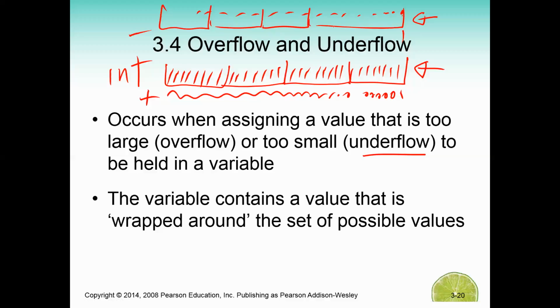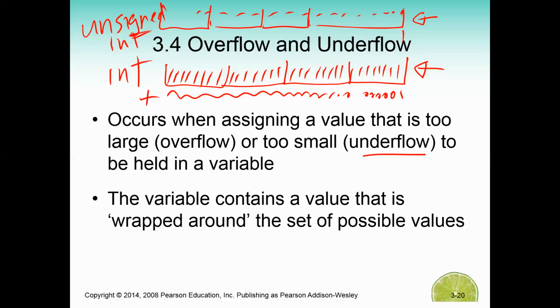If I say this is an unsigned INT, which means no negative numbers, and I want to put a -1 in there, then it's going to create an underflow. Why? Because I have the smallest value, which is 0, and I try to subtract 1 from it.